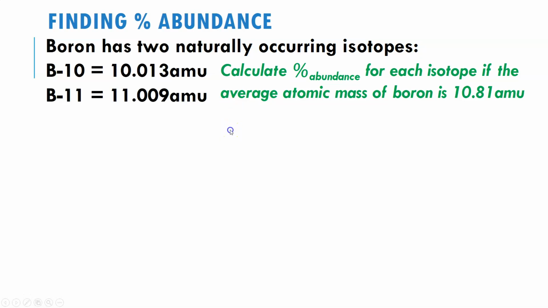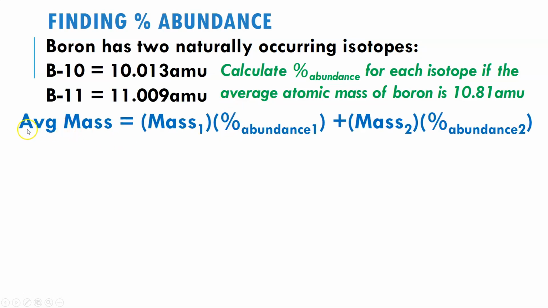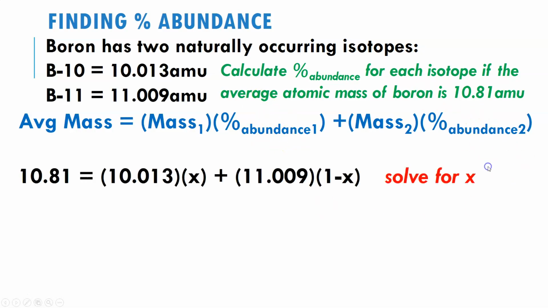So we know our equation is that the average weighted mass is mass number times abundance plus mass number times abundance. I was told what the average mass is. I'm told what the actual masses are. So now I'm just solving for the percentages.